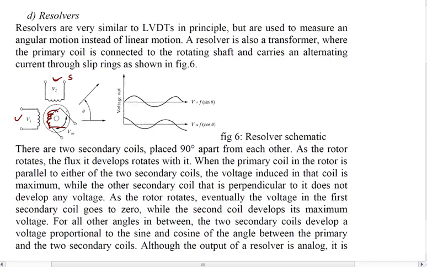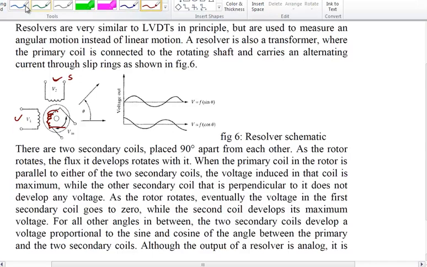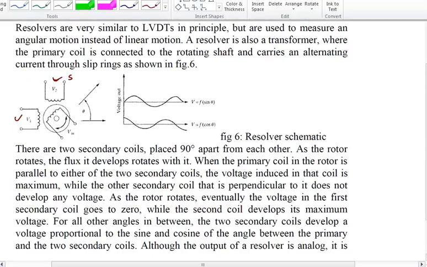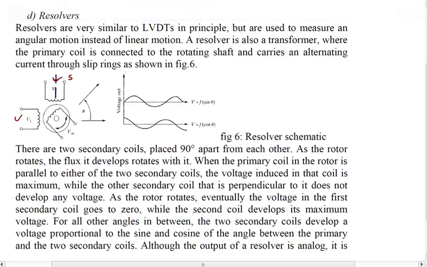As this is rotating, as you can see, physically we have placed V1 and V2 90 degrees apart. That means this is at this angle and V1 is at this angle, so they are 90 degrees apart. The voltage that is going to be developed because of this is a sine voltage.